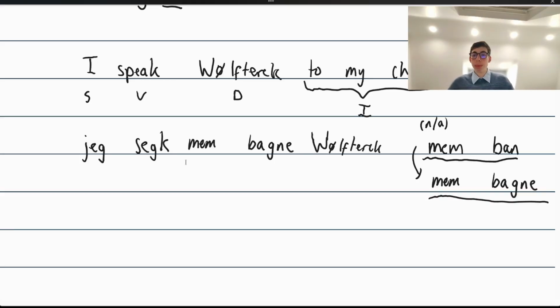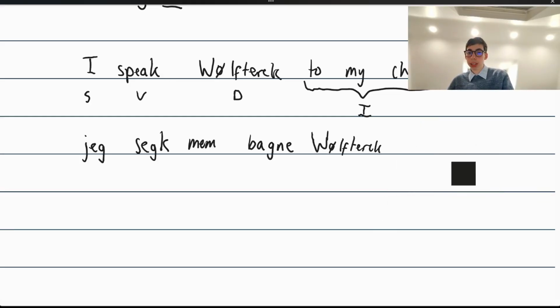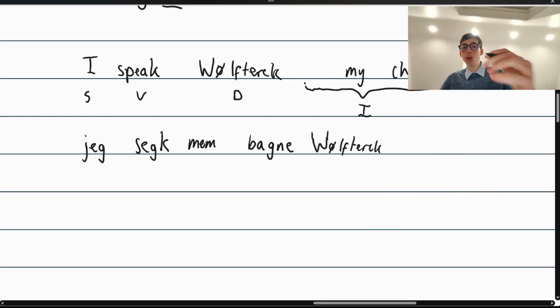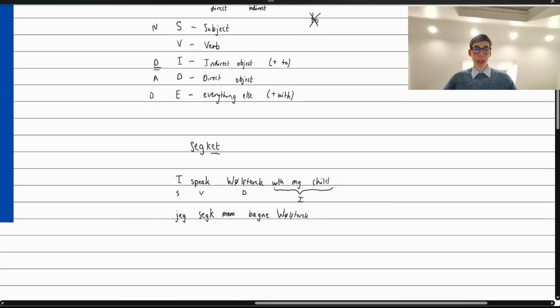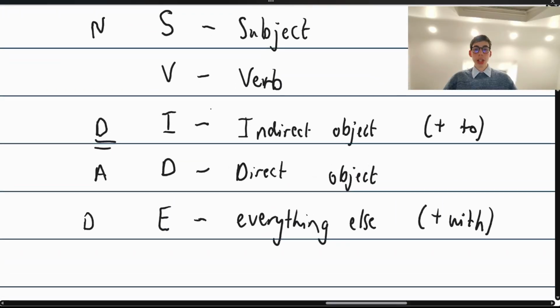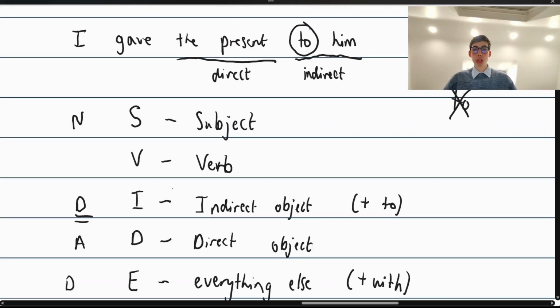Now I'm going to be really evil, and I'm going to change to my child to a very subtle difference: with my child. Now remember, the indirect object is when we're talking about to.